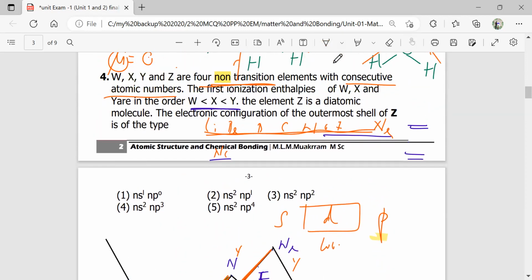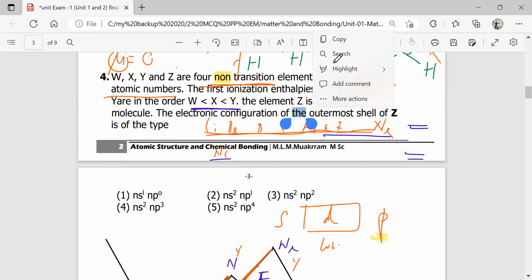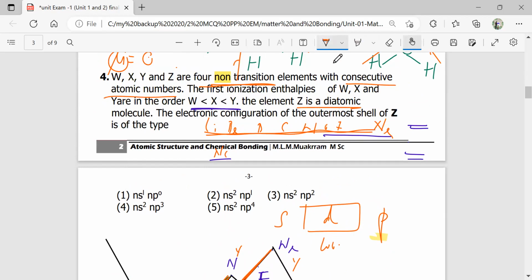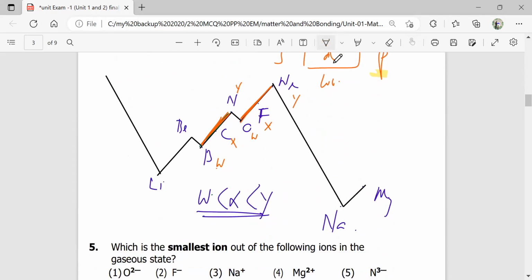They have provided information related to Z. Z is a diatomic molecule. Now let's check it. The Z should be either oxygen or sodium. Meaning Z as a diatomic molecule is most suitable for oxygen, which exists that way at room temperature.